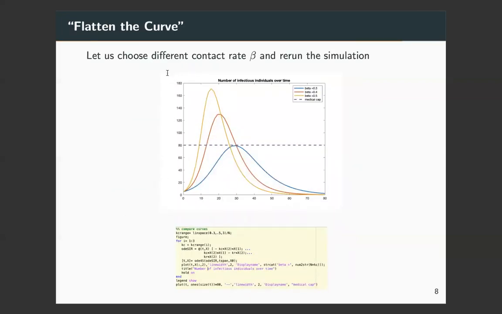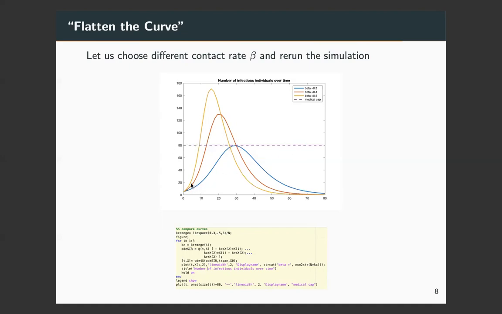Now, let us talk about flattening the curve. This figure is the curve of the number of infectious individuals over time with different beta, where beta ranges from 0.0 to 0.5. And we see that the smaller beta is, the flatter the curve is. And we have another horizontal line representing the capacity of the medical system.